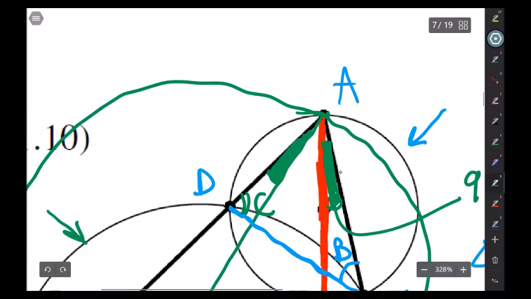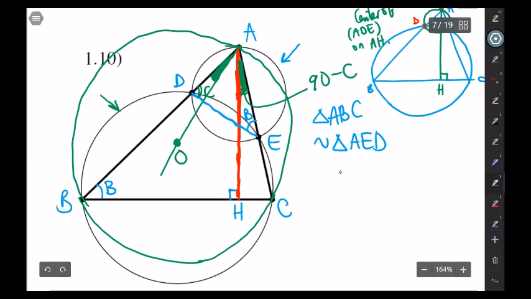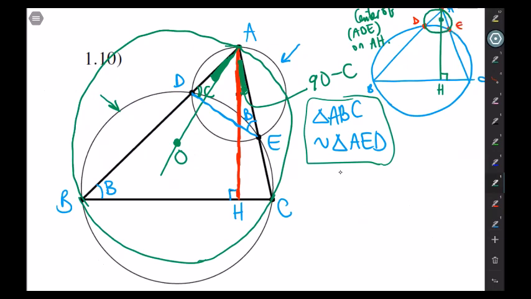Okay, so back to here. So far we had a couple of observations, but we still don't know. We established that we have a pair of similar triangles, but the orientations of these two triangles are reversed. What does that mean?